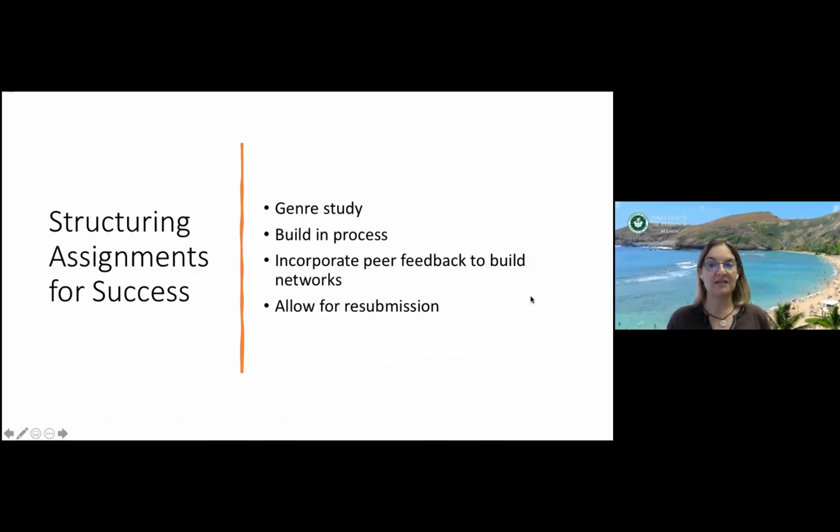So genre study is a great one to build into assignments in graduate classes, really helping students start learning what does it look like to write this kind of thing? Because you may have assignments that ask students to write the genres of the profession, but if you don't also build in this opportunity to learn what those genres look like, students may actually not know what they're supposed to do because they're so used to that knowledge telling.